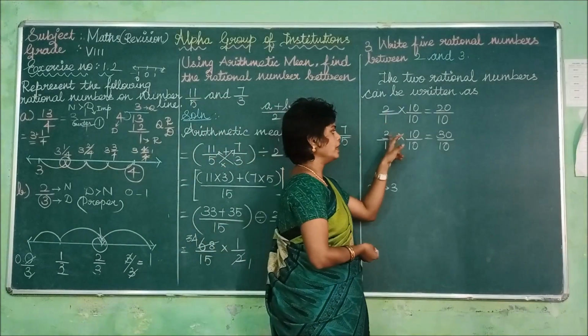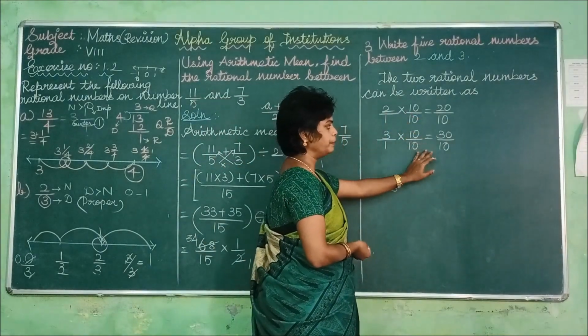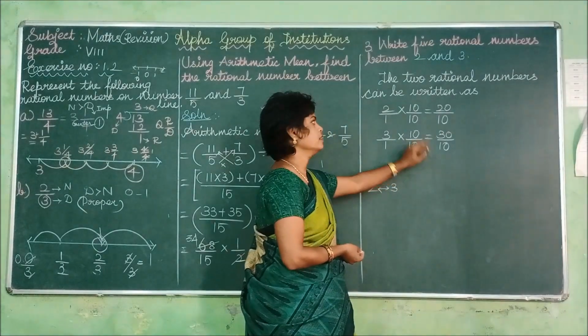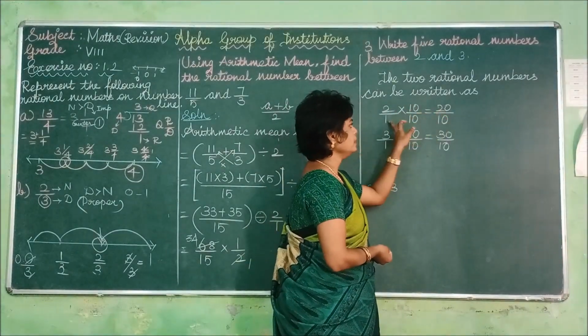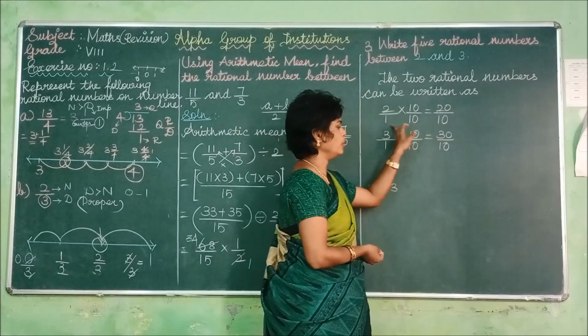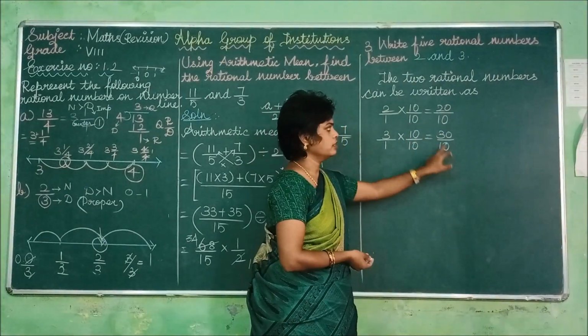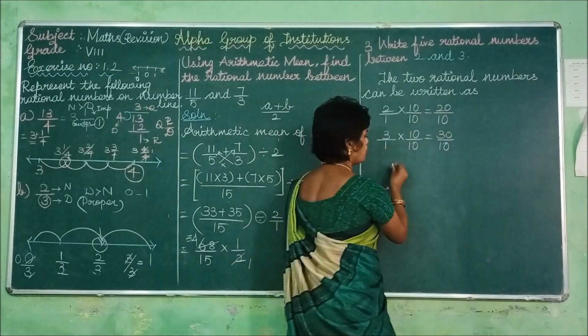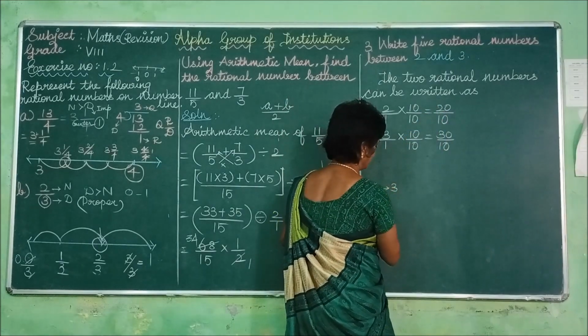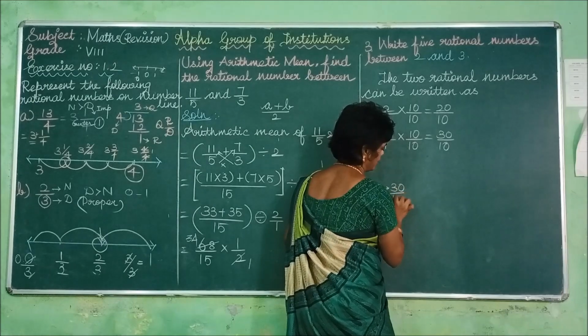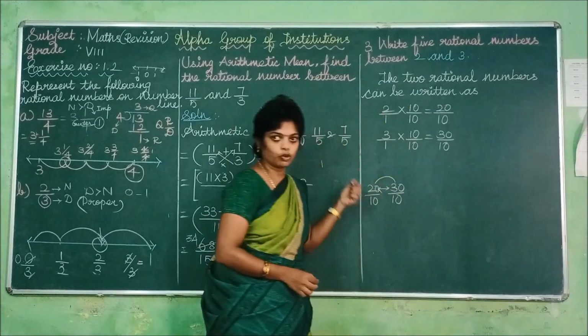So 2 by 1 and 3 by 1 both will be multiplied and divided with 10. So 2 tens are 20, 1 tens are 10. 3 tens are 30, 1 tens are 10. So now you got the numbers as 20 by 10 and 30 by 10. In between we can write so many numbers.